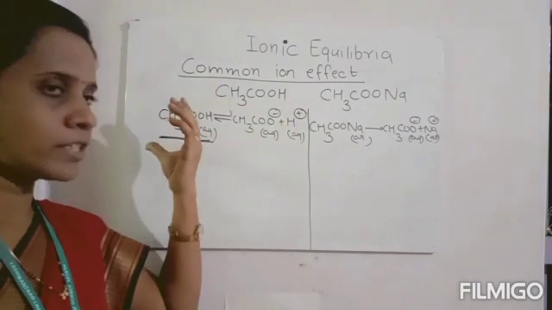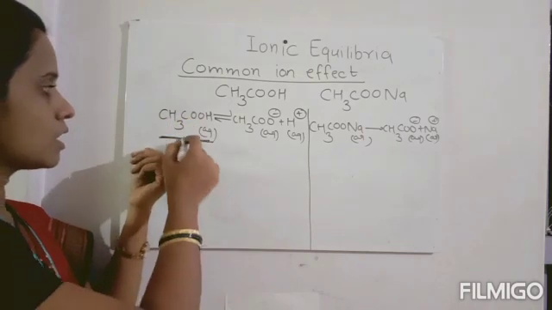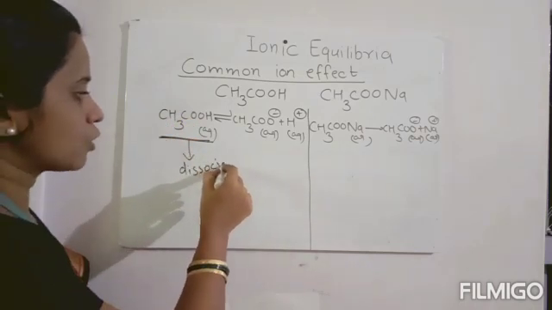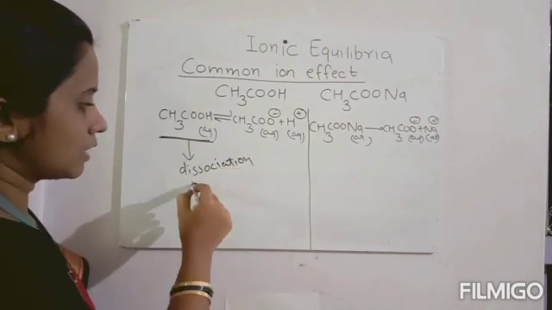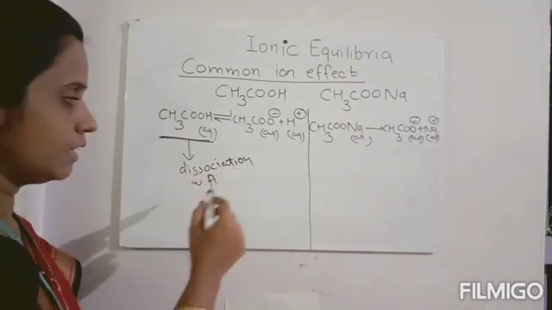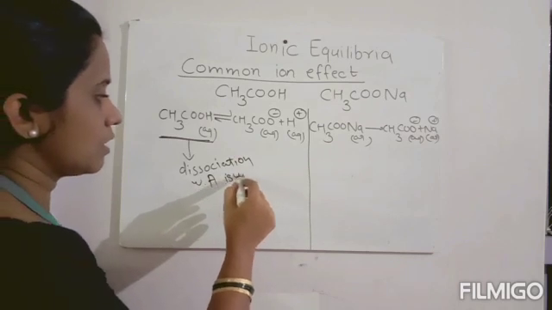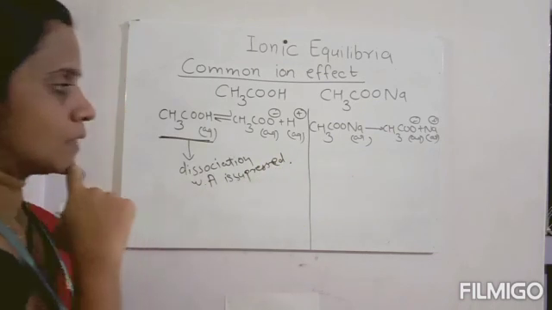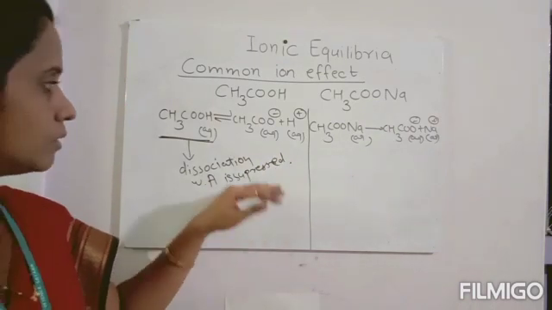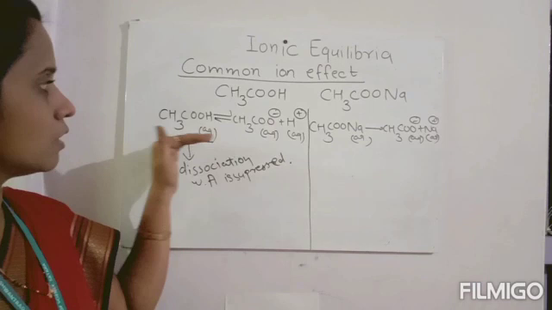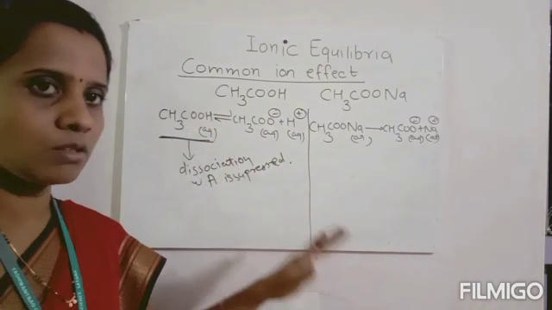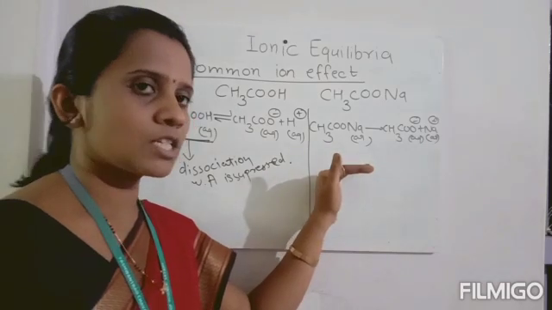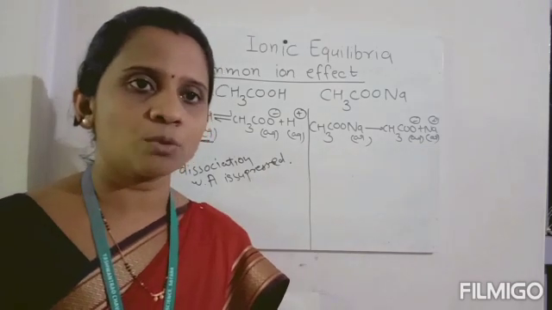So reverse direction reaction means what? This dissociation of weak electrolyte, that is in this case weak acid, is suppressed, or there is reduced rate of dissociation of weak electrolyte, and this ionization is reduced due to presence of what?